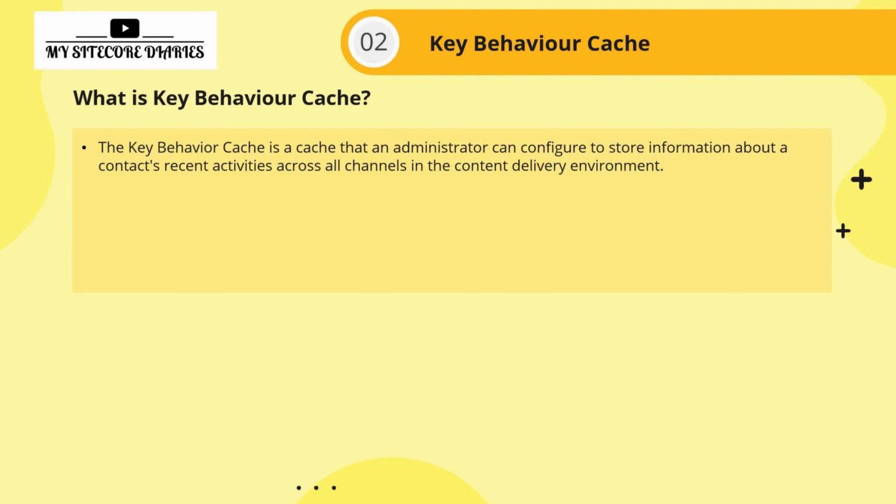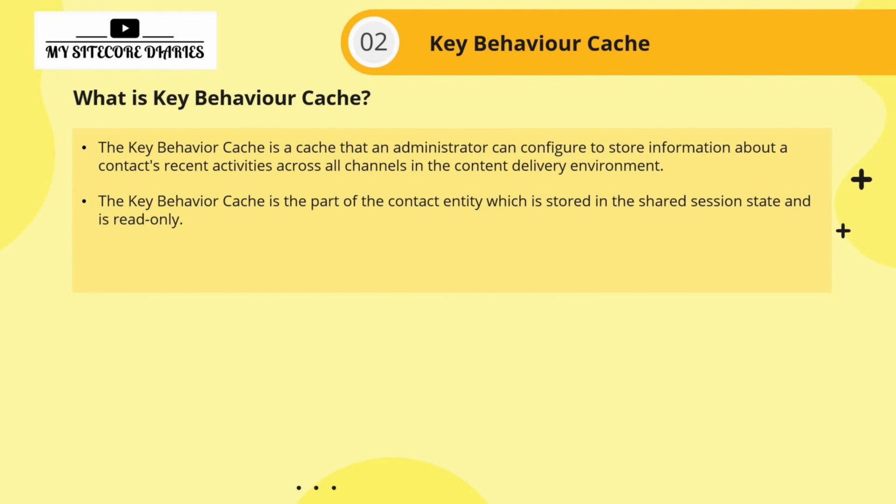So the key behavior cache is a cache which is created by the administrator, which holds all the recent activities performed by the visitors across all channels, not only on the desktop, but it can be on the applications also. So all activities are gathered together in the key behavior cache.